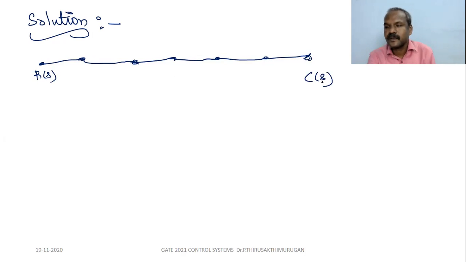So how many forward path gains are there? The first one is gain 1. This is a junction, this is another junction.